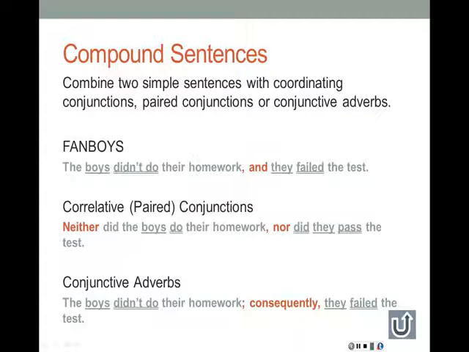So we use did as our helping verb, the boys is our subject, and do their homework is the main verb phrase. Same thing with nor. Nor is a negative conjunction starting the simple sentence. So we say nor did, another helping verb, they, subject, pass, and that is the main verb phrase.